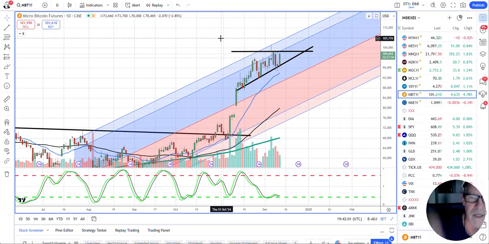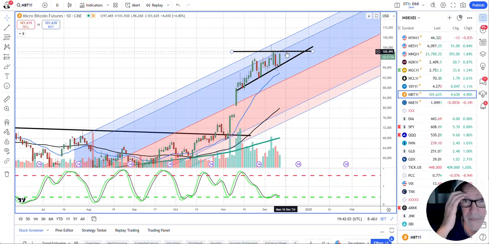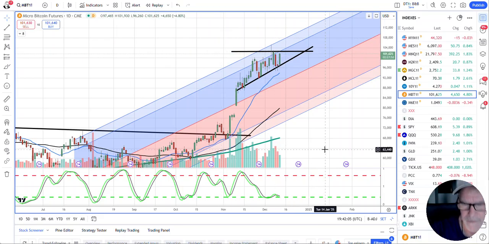We're starting to reach up to a ceiling up here around 102, 103. We're knocking on that door more often than we're knocking on the lower end of things, and that is likely to open it up. 125 is my term target, and I'm not saying by the end of the year. I think probably April or May we should see 125.